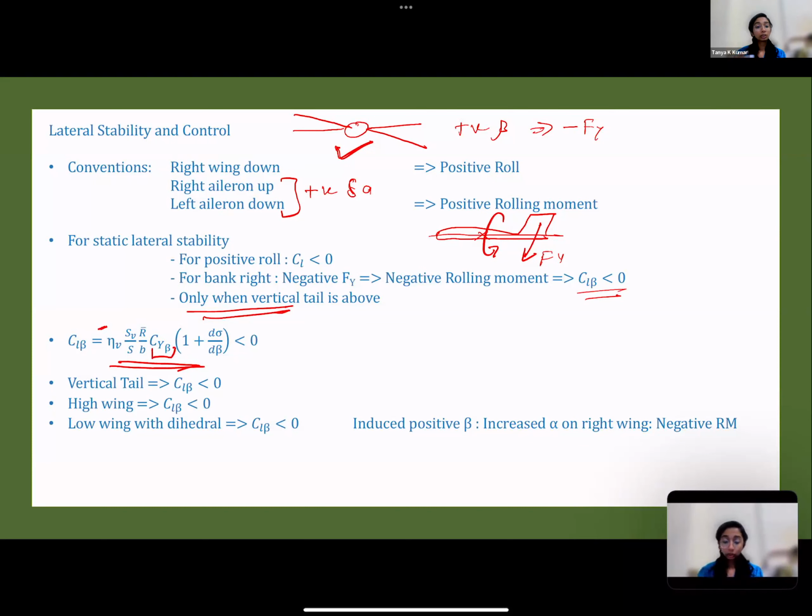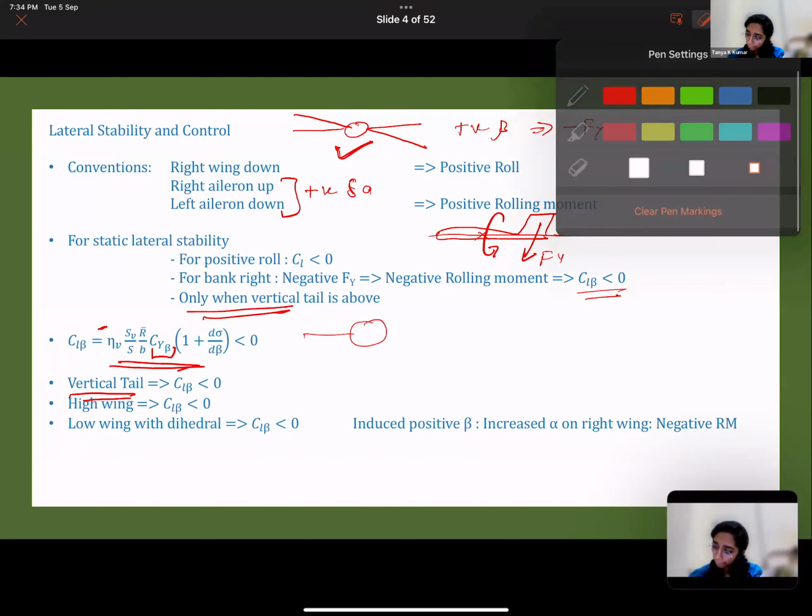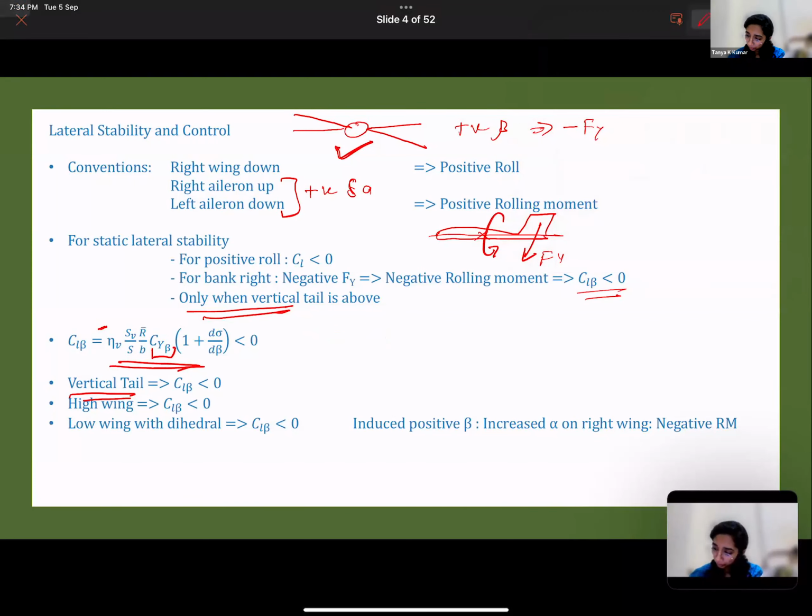Similar to the directional case, the structures that contribute towards lateral stability are the vertical tail, when it is above your aircraft, which is the typical configuration. Then high wing produces CL beta less than 0. Let me try to explain that. If this is your aircraft and it rolls towards this side, there is a component of the oncoming velocity that produces a force in this direction, making it roll back.